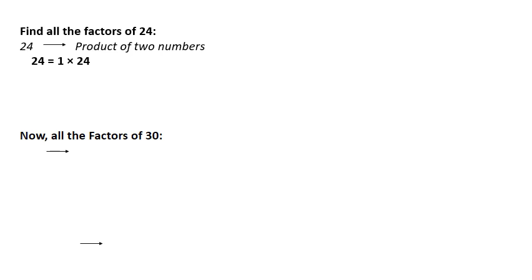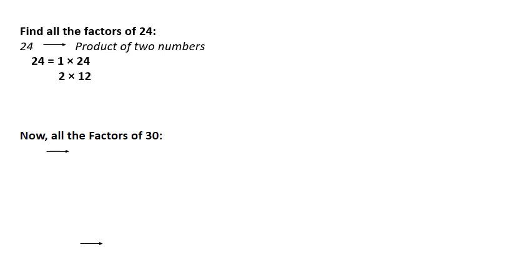If in between any number's combination is not possible, then we will skip that number and move to the next number. But here, as 24 is an even number, the combination with 2 is possible. So here the combination with 2 is 2 twelves. So here 24 is a product of 2 and 12.